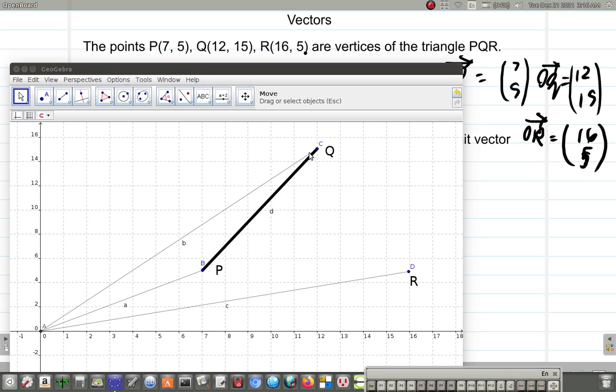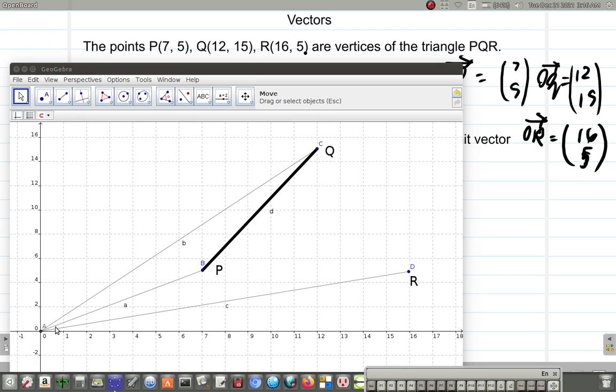So from P to Q, you remember that when you add two vectors, you have the vector from P to Q going this way, but you form a triangle.